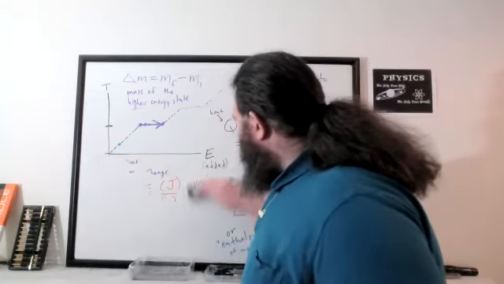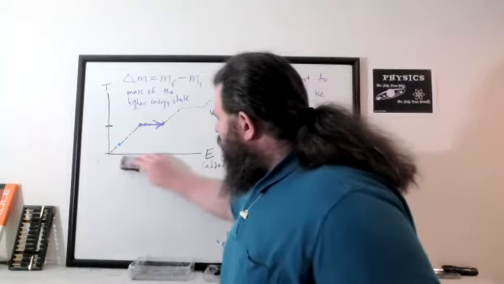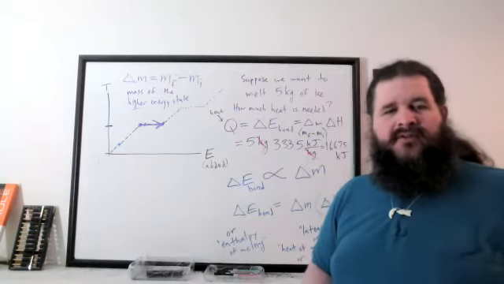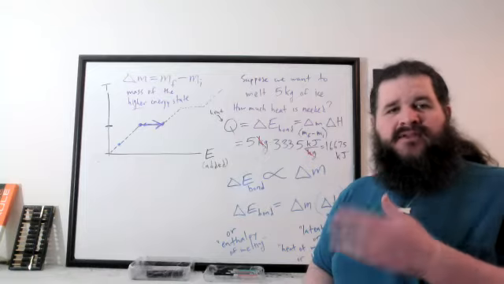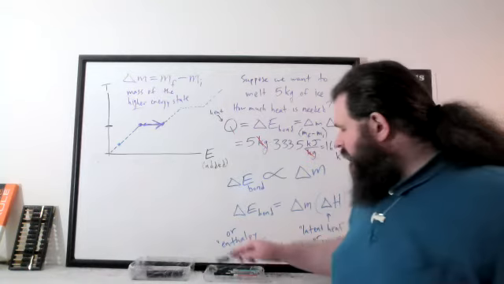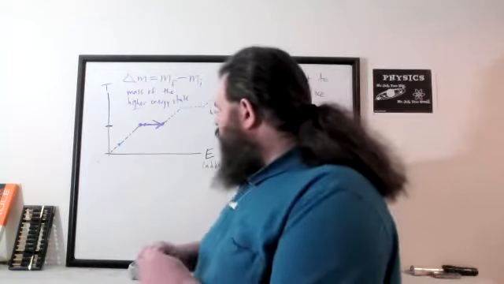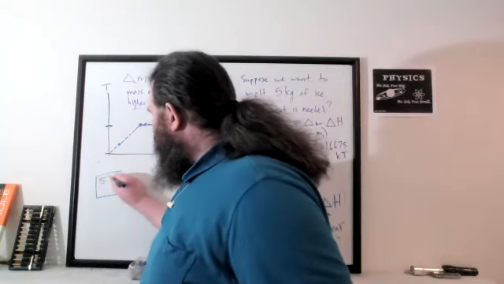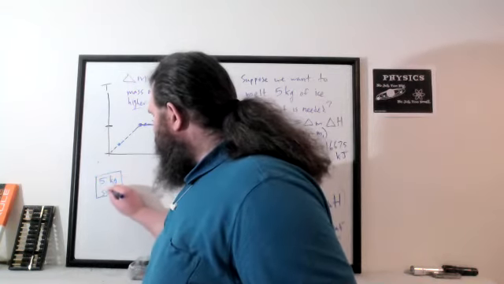And if you're talking about a phase change, what I was saying is there's really 2 masses to consider. In this case, you're going from solid to liquid. So there's the mass of solid and there's the mass of liquid. We started with 5 kilograms of solid.